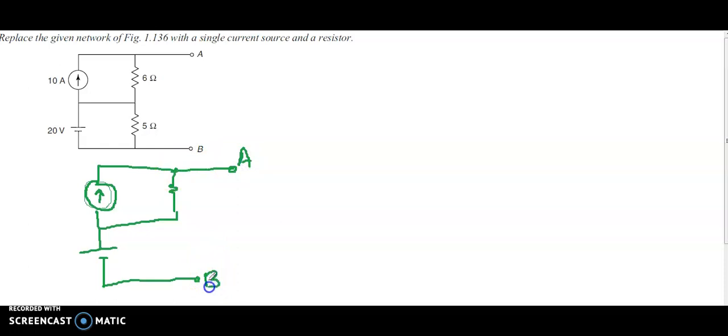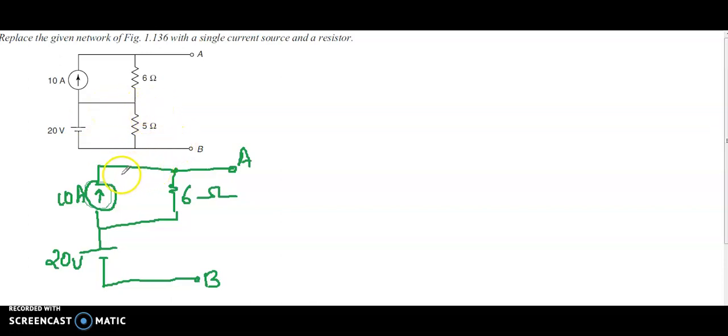A, B, 10 ampere and 6 ohm. There is no significance for this 5 ohm resistor because it is in parallel with a 20 volt source. 20 volt is the drop across this region.